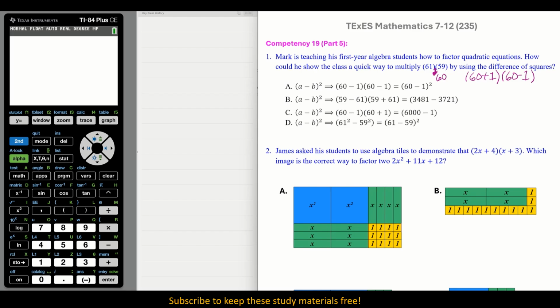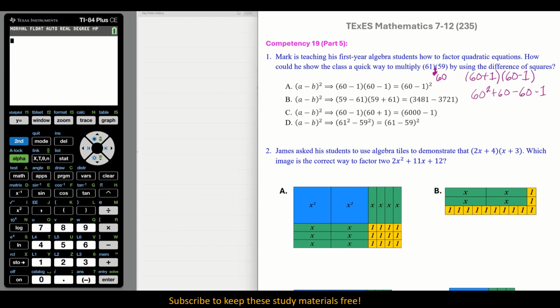Because what's really going to happen? You're going to have that 60 squared, and then you'll have plus 60 minus 60 and then minus 1.